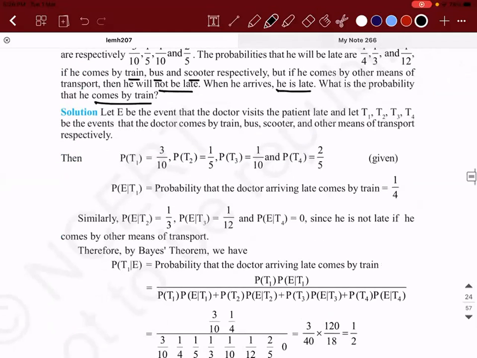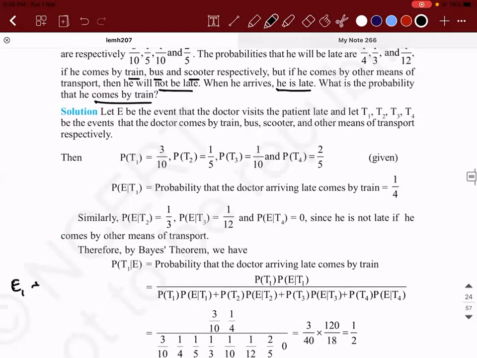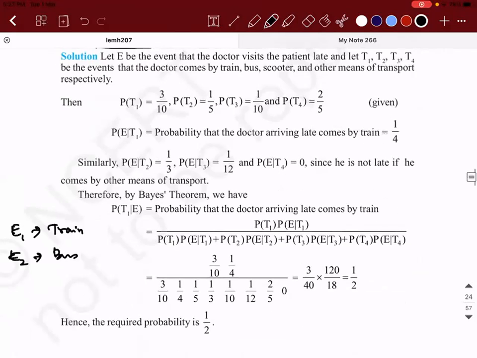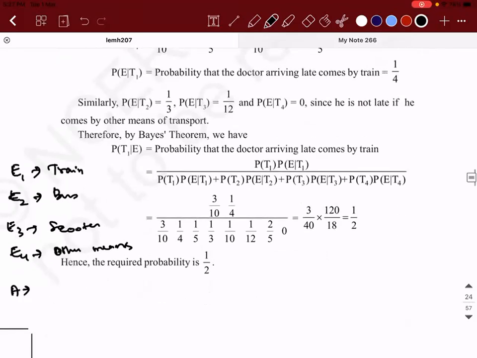So what is event 1? Event 1 is he coming by train. Event 2 is he coming by bus. Event 3 is he coming by scooter. And event 4 is other means. Correct. Then what is the event A?